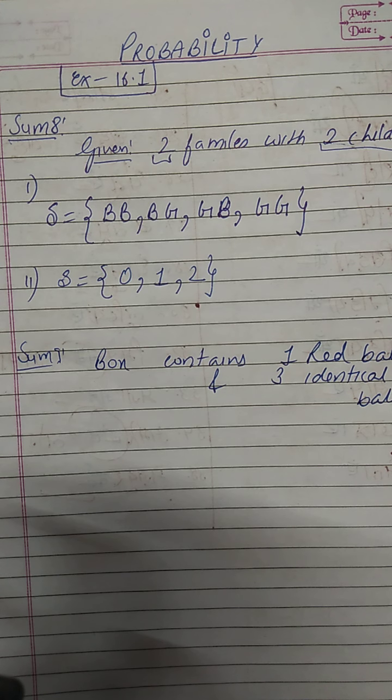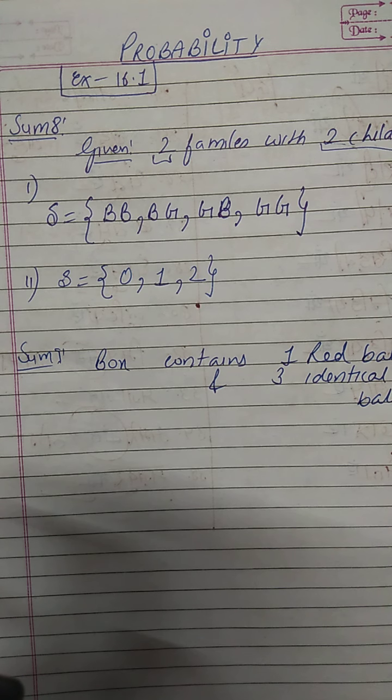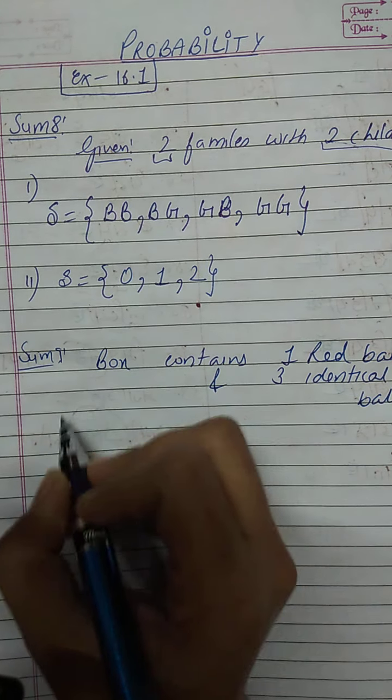First one ball is taken out and then the second ball, and it is without replacement. That means the first ball is not put back in the bag before taking out the second ball. That ball is already with you, and then you take out the second ball, right?